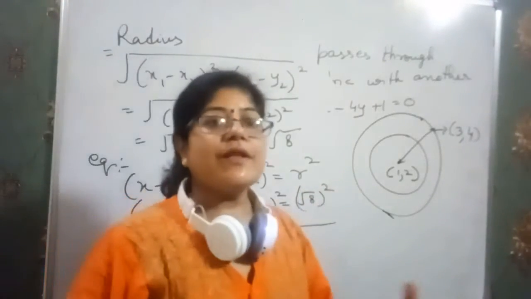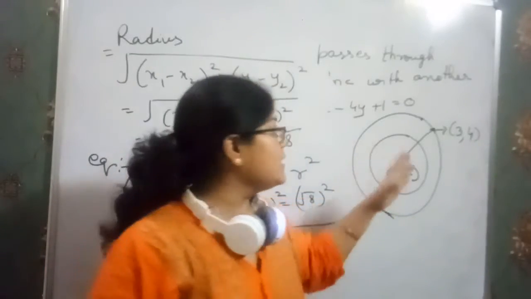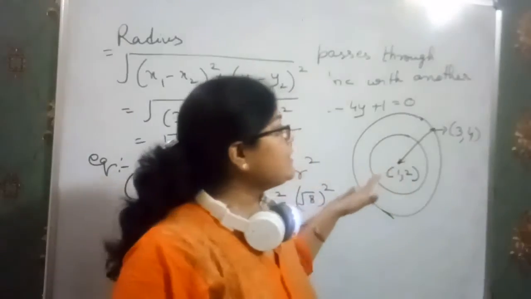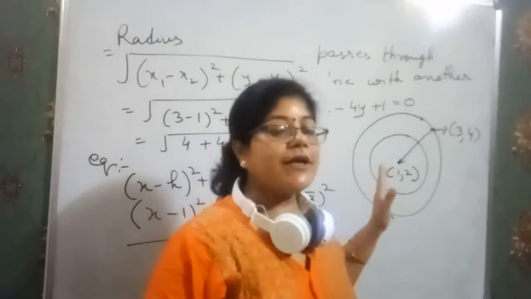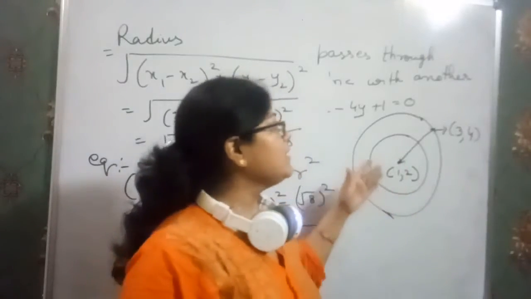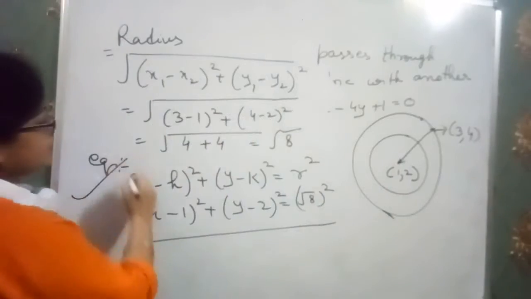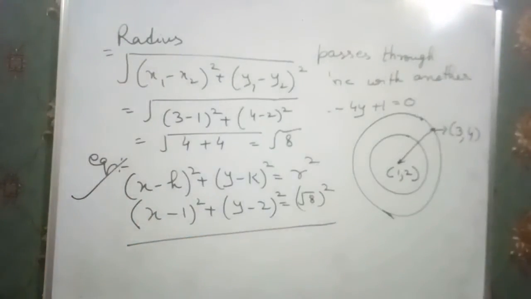So in this way, when there is a circle concentric with another circle, we find the center of the first circle, and when the bigger circle passes through another point, we find the distance between them. In this way we get the radius of the bigger circle and then apply the equation of the circle again. Okay, just write it down.